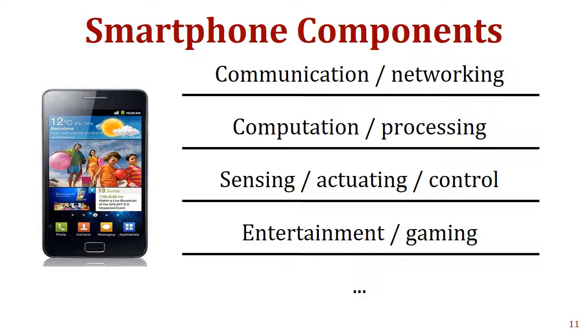And of course, smartphones have good sensors and control systems, so that they can automatically sense the context of your environment and make judgments and take actions accordingly. A smartphone is also a good way to do entertainment and gaming. So there are so many important components of smartphones.